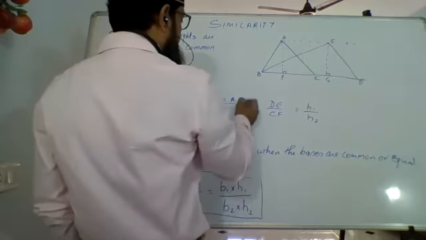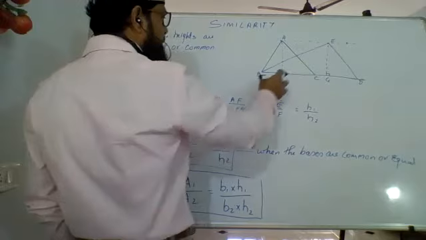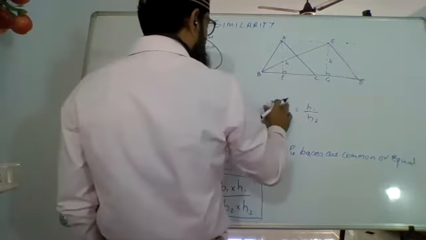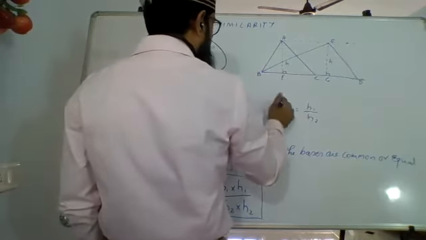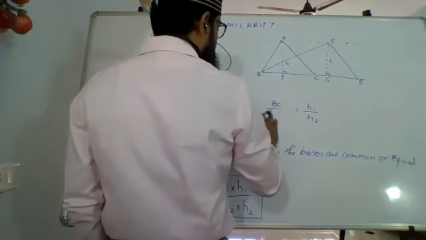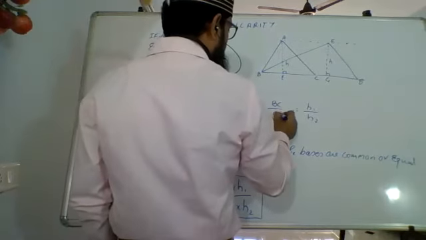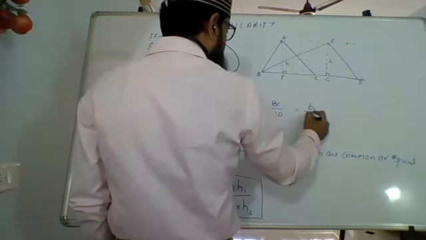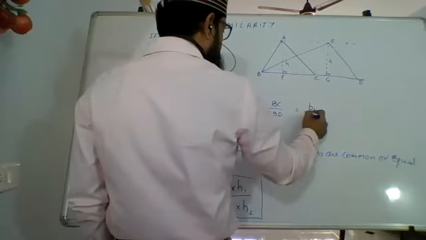Now AF and EG being the same common heights, they'll cancel. So you will have BC and BD, which becomes B1 upon B2.